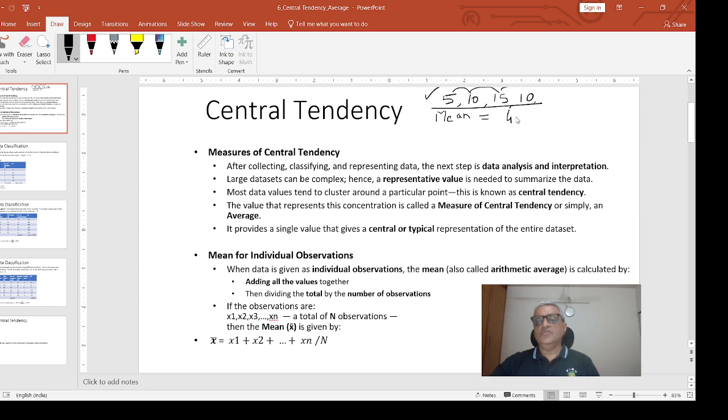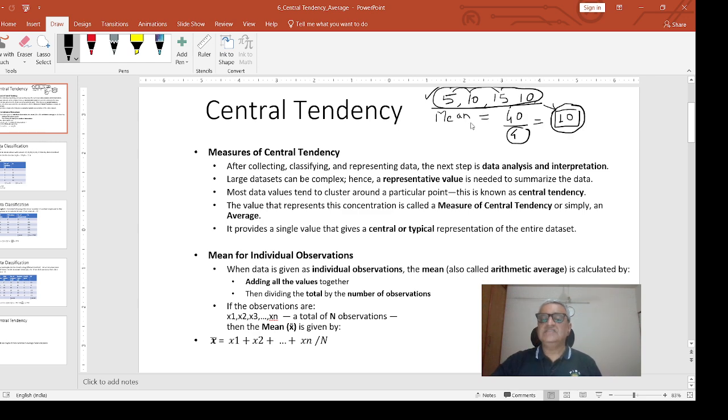So 30, 40, and I divide it by 4 because there are 4 observations, and I get 10. And I say 10 is my average, or 10 is my mean. So 10 is the number around which this data set is clustered.